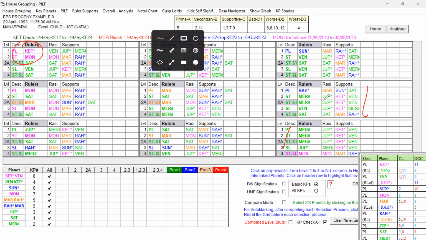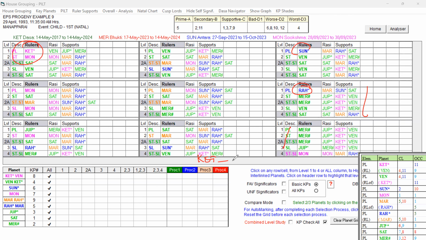So during Ketu Dasa, Rahu Bhukti and Sun Antra, conception took place. In vitro fertilization happened outside the body in the laboratory, then it was implanted in the uterus of the female, and the embryo started growing inside the female's uterus.